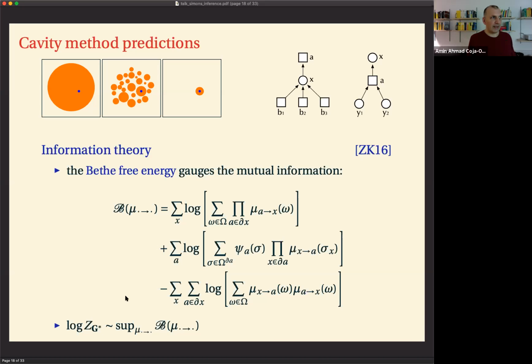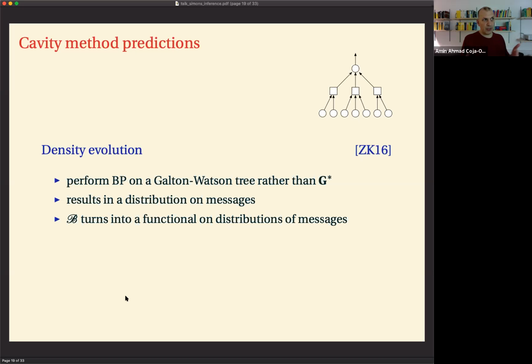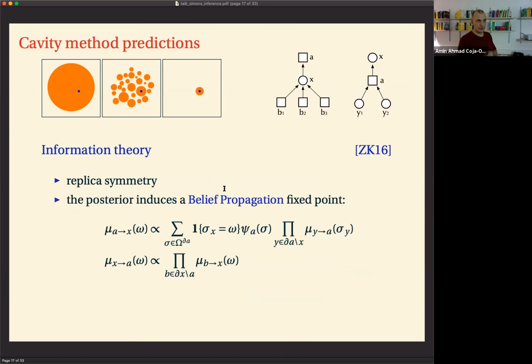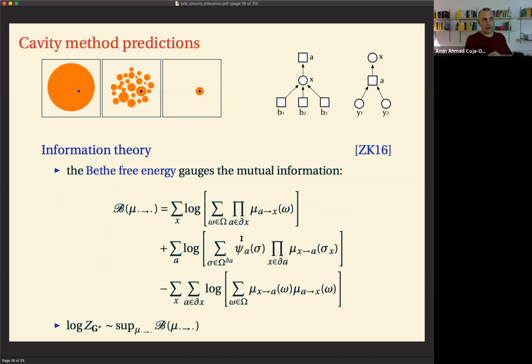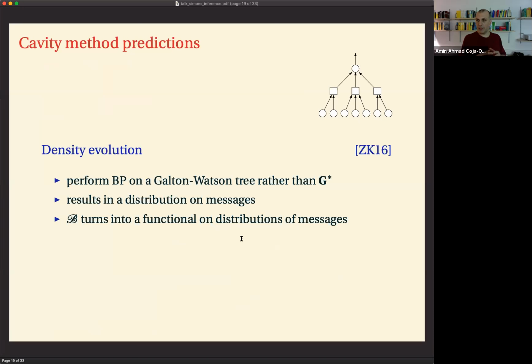And in fact, there's one more step that you can take, namely this belief propagation, the system of equations here refers to a particular factor graph. Now, actually, our factor graphs are random and sparse, which means that locally they are described by some sort of a Galton-Watson tree.